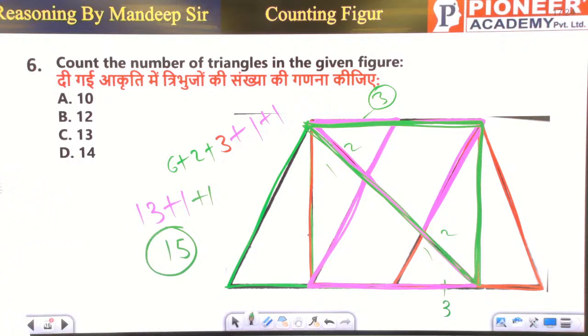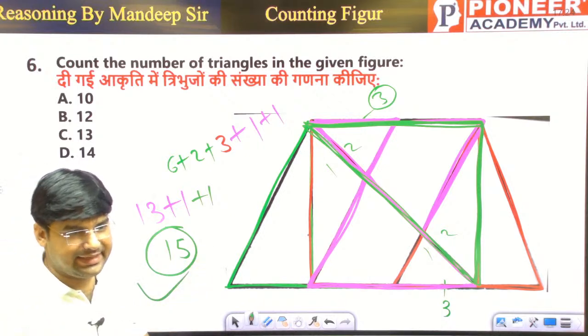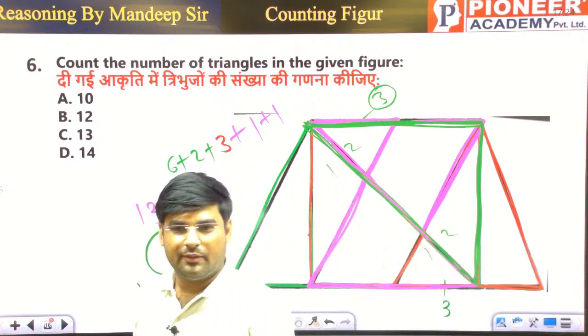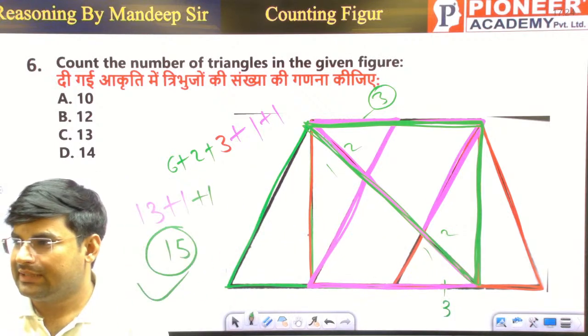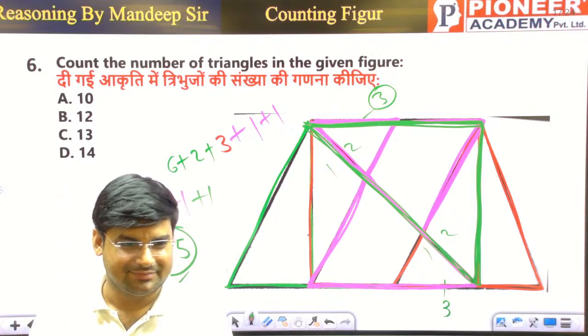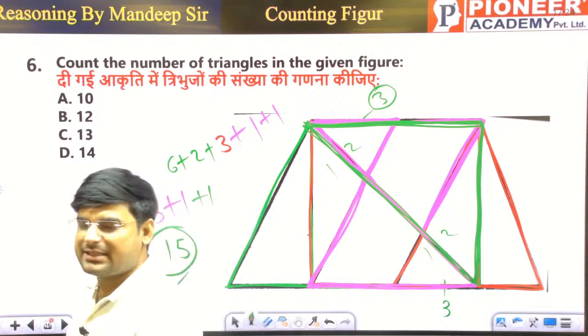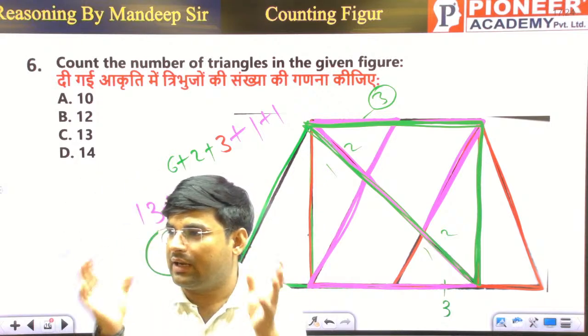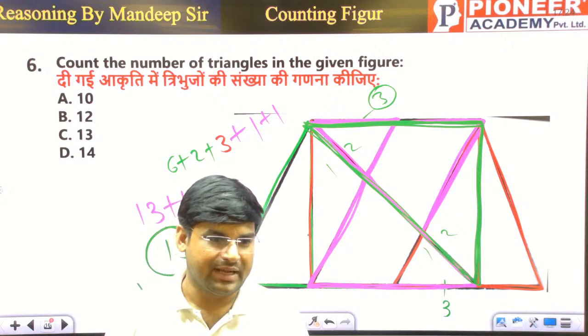There are 15 triangles in this figure. Clear? Where is the option? There is no option of 15. It's the examiner's mistake. So all of you get 1 mark.